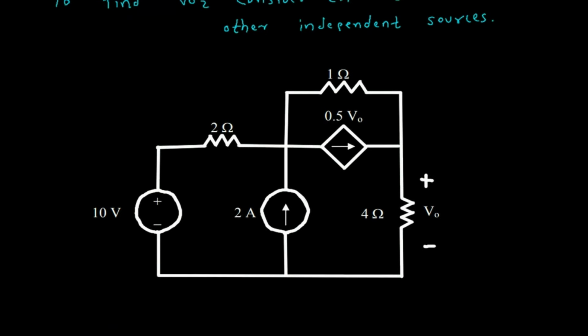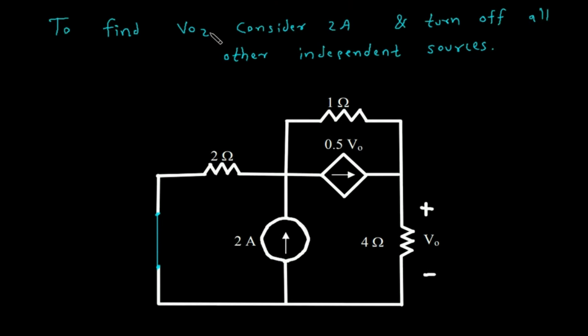Now when we turn off a voltage source, it will be a short circuit. So this voltage source will be short circuited, and we are considering this current source, and this time we are finding VO2. So this will be VO2. Also this will be VO2.